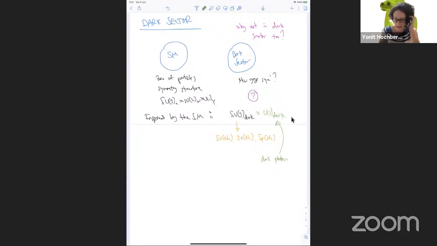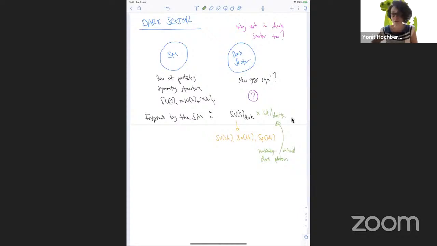And this dark photon can actually kinetically mix with the regular photon, and that gives us a way for these sectors to talk to each other. So maybe this is a kinetically mixed dark photon, and we'll draw that out in a moment in more detail.